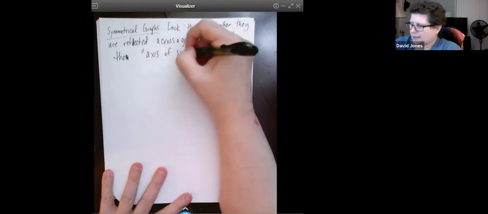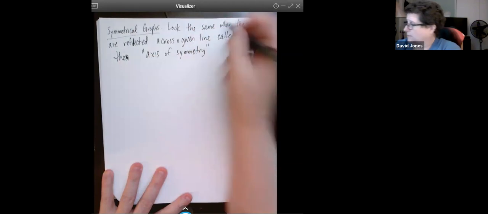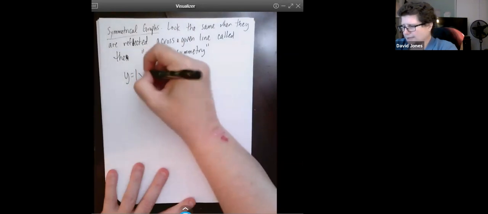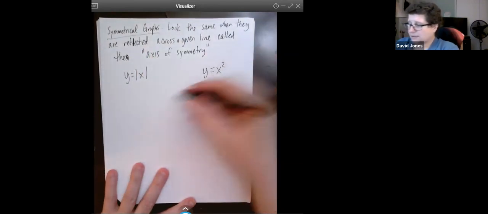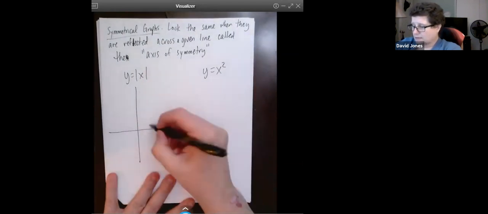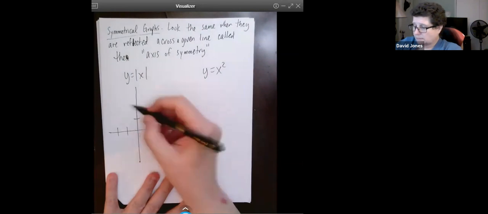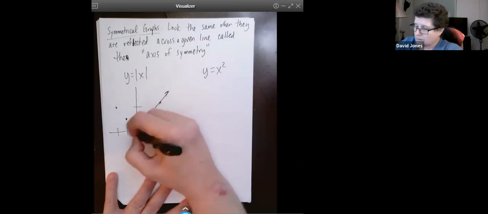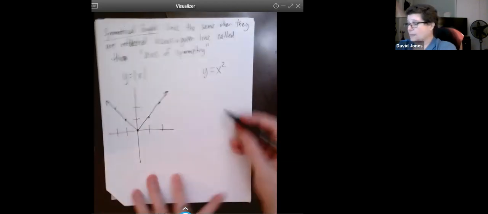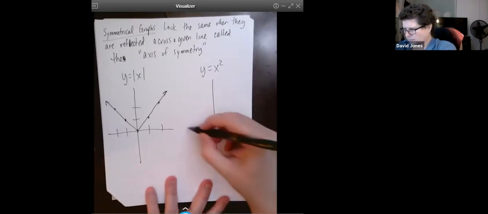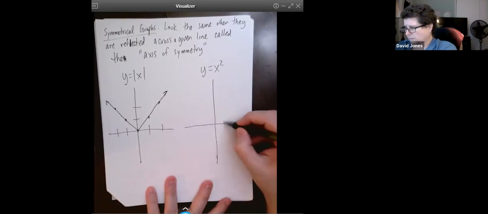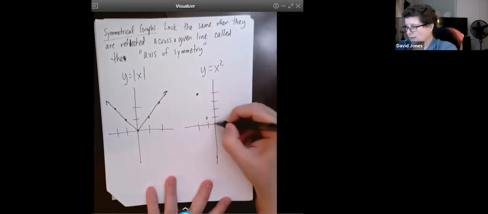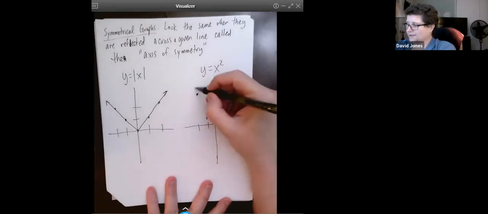Axis of symmetry. Y equals absolute value of x, y equals x squared. I'm just drawing absolute value of x and x squared graphs.